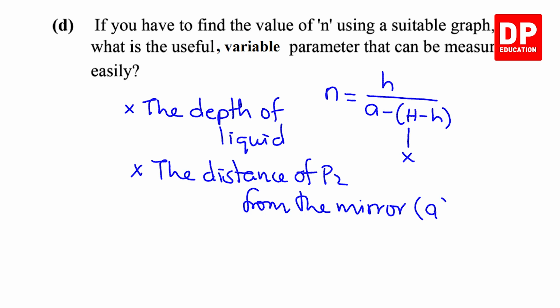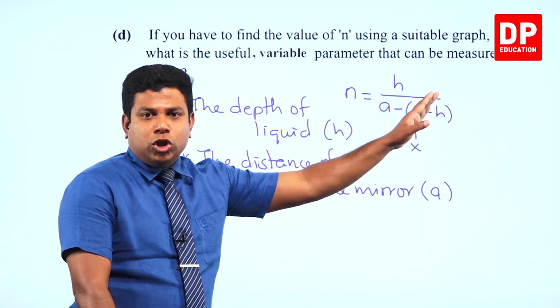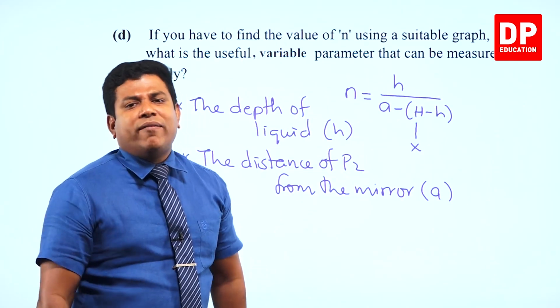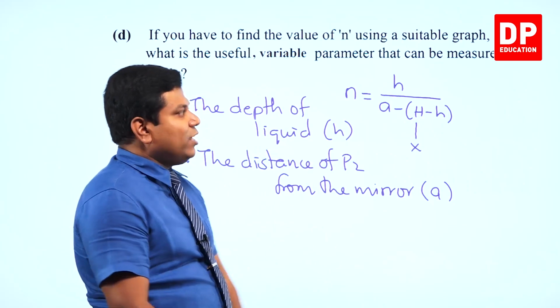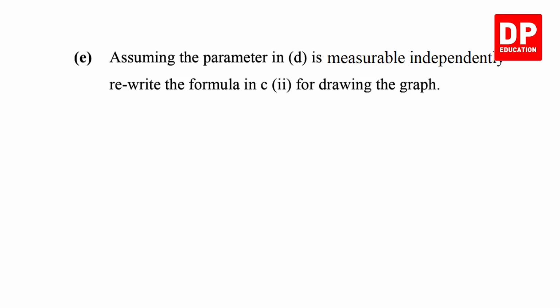We can say A, h. Understand? If you want to find N, N is a constant. Capital H is also a constant. So obviously the other two have to be the variables. You don't have to think too much here. Now, assuming the parameter D in D is measurable independently, rewrite the formula in C for drawing the graph.